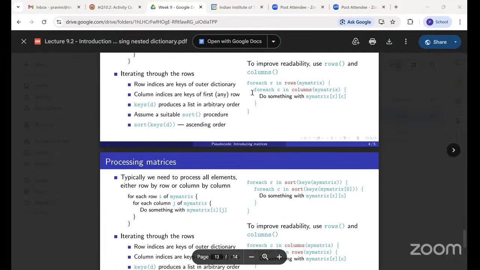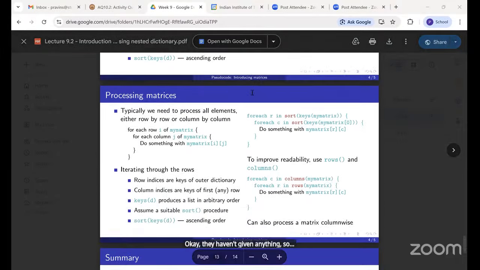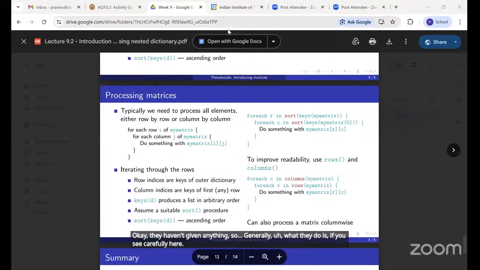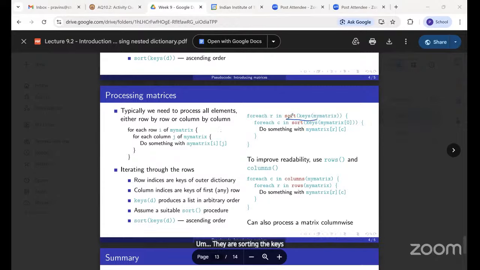Generally, if you see carefully here, they are sorting the keys of the matrices. So the matrix key is what? As we have seen earlier, 0, 1, 2 as outer keys, 0, 1, and 2. And this is for the rows, right? The outer key corresponds to the rows of your matrices. Actually, it denotes the number of rows.